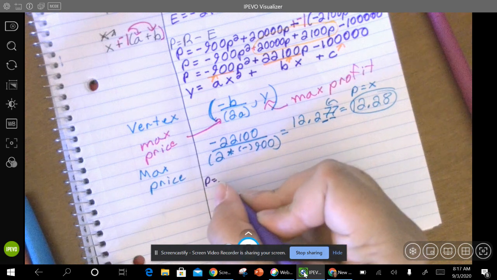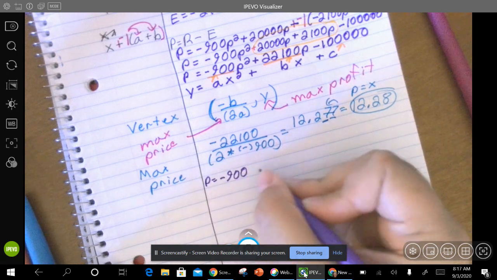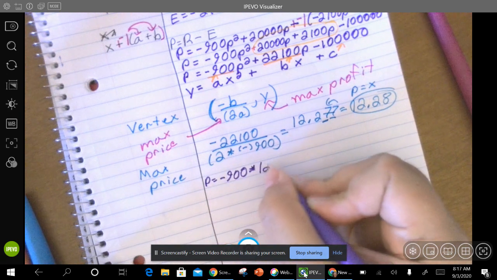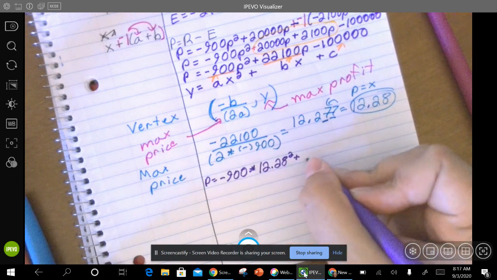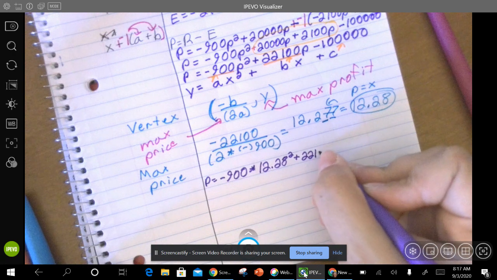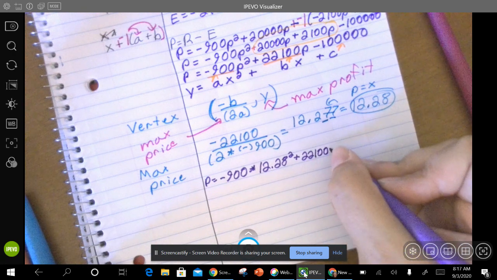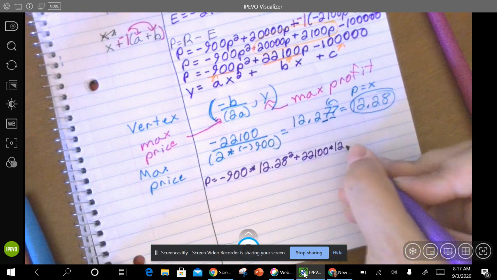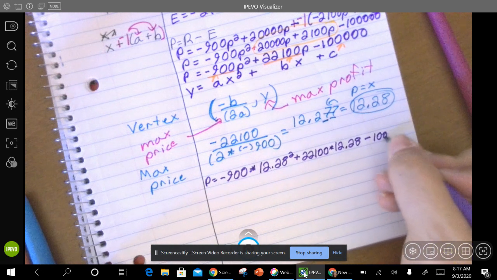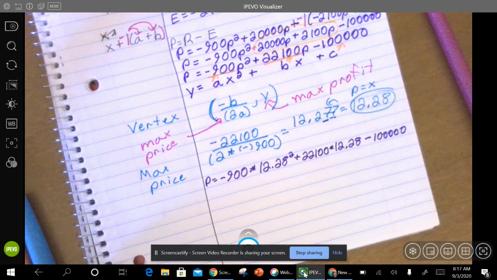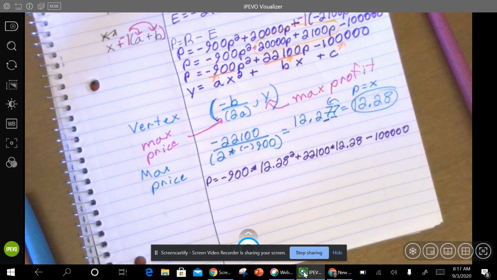The profit's going to equal negative 900 times $12.28 squared plus 22,100 times $12.28 minus 100,000. Okay, so we're going to put that all in the calculator.